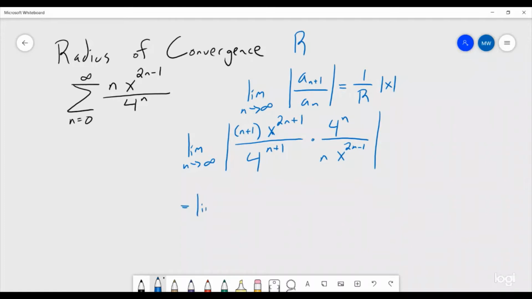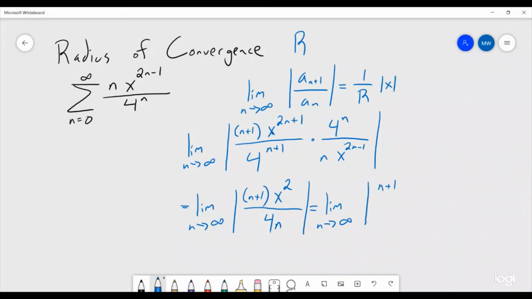Well, this is equal to the limit as n goes to infinity of, let's see, we are left with a 4 on the bottom. For n, we have an n plus 1 on the top, and we have x squared. So that is what we are left with. So this is equal to the limit as n goes to infinity of the absolute value of n plus 1 over 4n times absolute value of x squared.